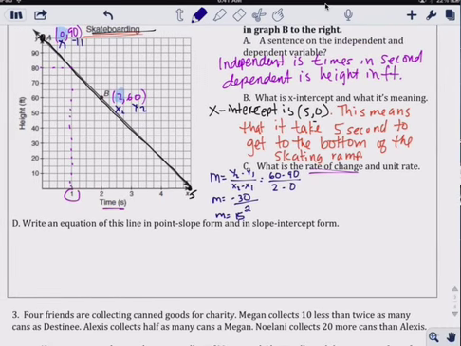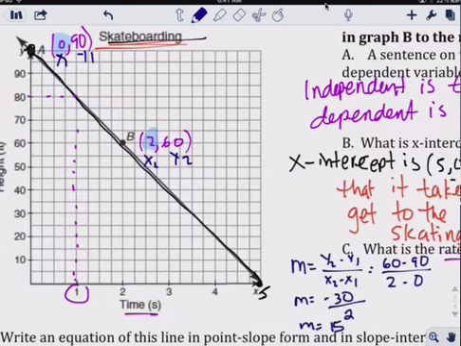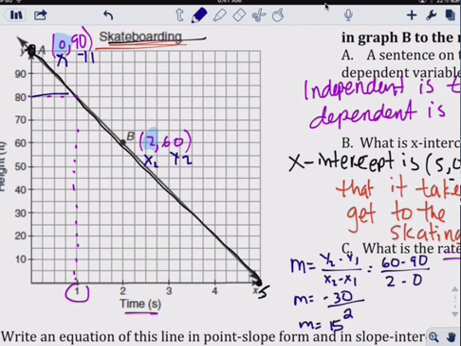Not 80. 15. What was I thinking? 1 second, they'll be at 80 feet. But he's coming down each time. 10, 20 over 1. That's 10, huh? Looks like 10 over 1. 10, 20 from here.